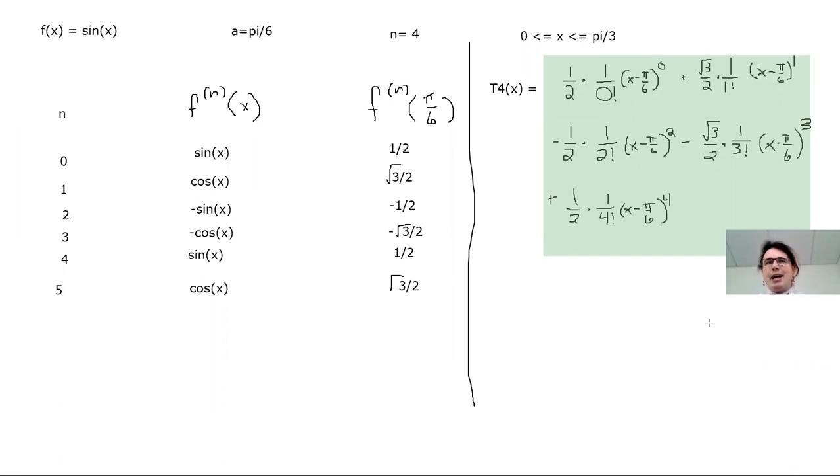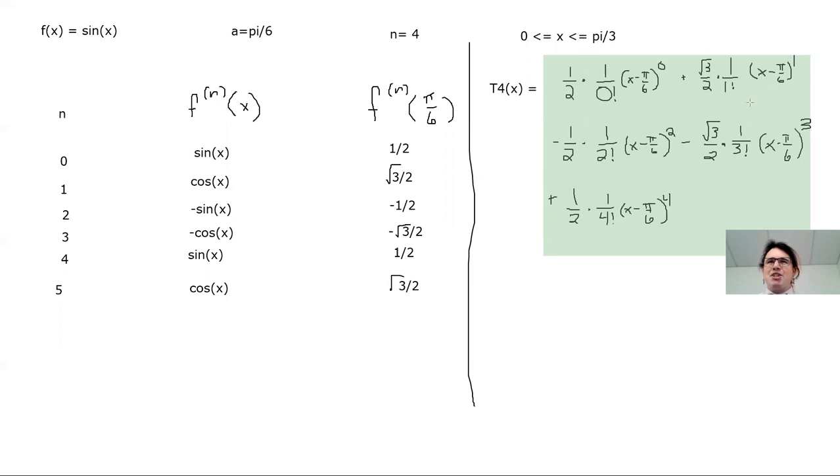Now you might notice that I have not simplified these coefficients, and I've chosen to leave them written out this way just to help show the pattern involved for calculating a Taylor polynomial. If you really wanted to, you could say, okay, the constant term is 1/2.